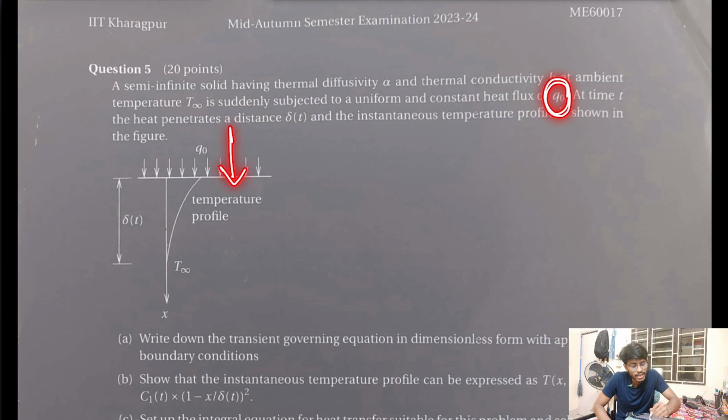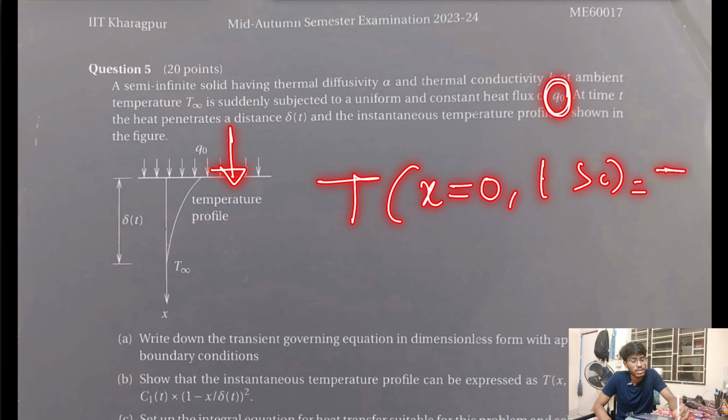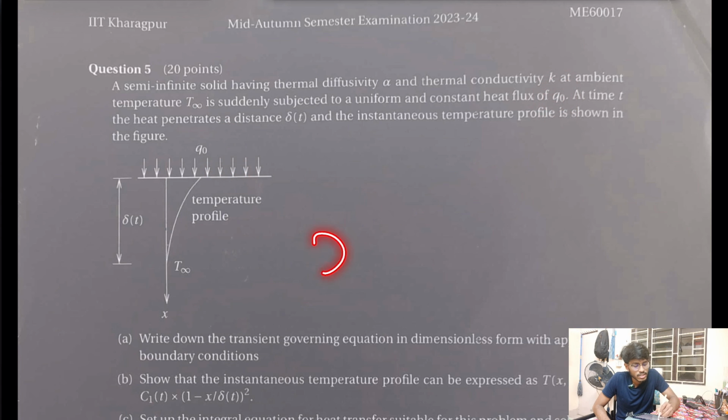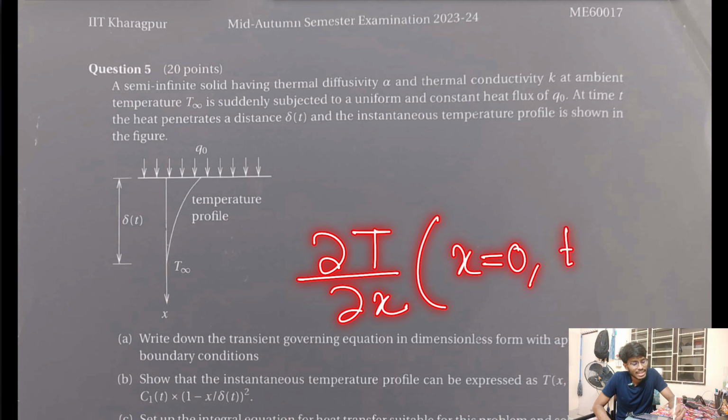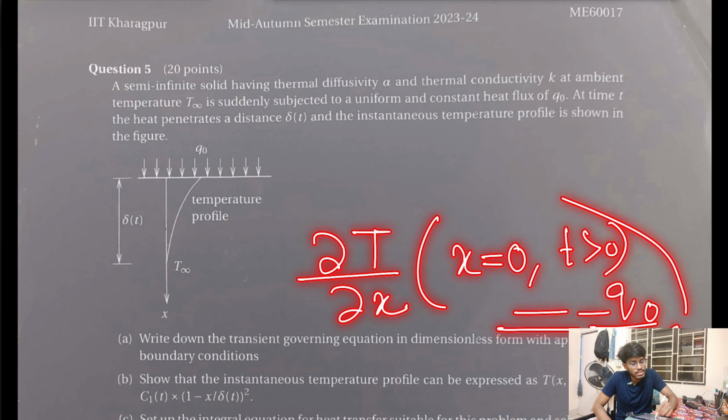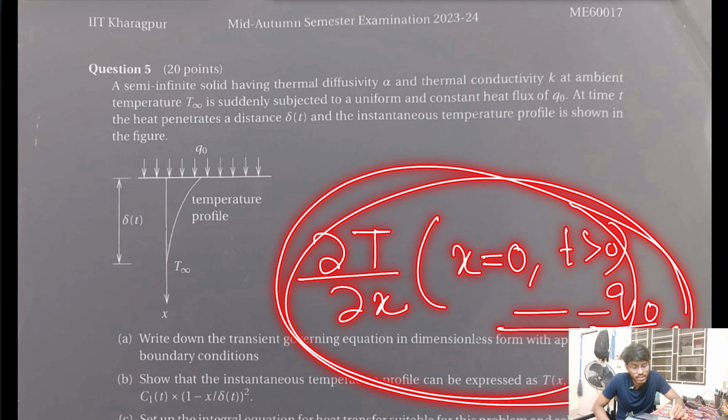Now the boundary condition is not T equal to T1, but del T del x at x equal to 0, at any time t greater than 0, is equal to minus Q naught by K. This is your boundary condition.